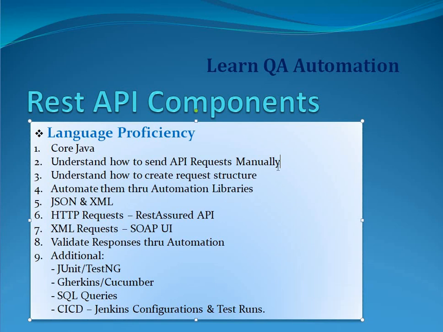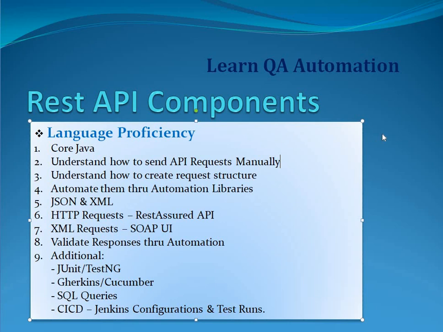You need to understand that fundamental at least, and then you should be able to send the request first: what components you need, what you need as a header, what you need as a request body, what you need to send as a URL, and what type of sending it is, post, delete, put, or get. You need to know all this.